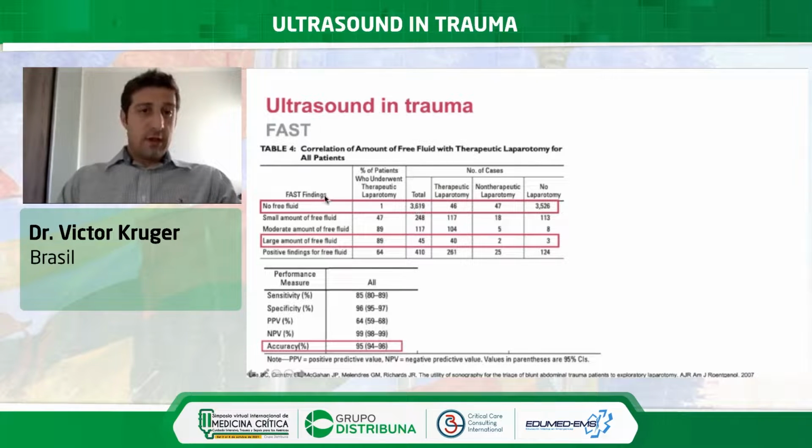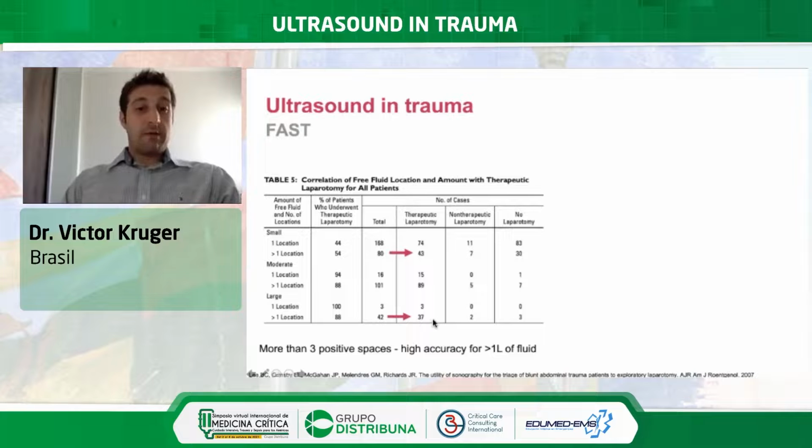When you see no free fluid, no laparotomy; large amount of free fluid, large amount of laparotomy. The accuracy of the abdominal FAST is like 95%.